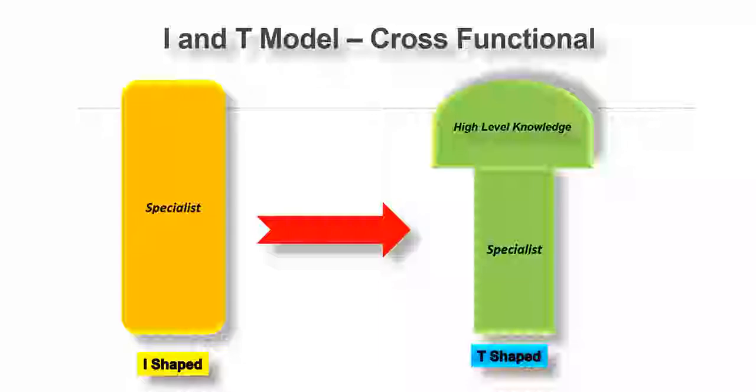Today's IT industry is only interested in those people who have T-shaped knowledge. You are a specialist, but you know a few other things too. And these people get widely accepted in our industry. So Agile actually preaches having a cross-functional team and a self-organizing team, and this is a team that stands on its own.